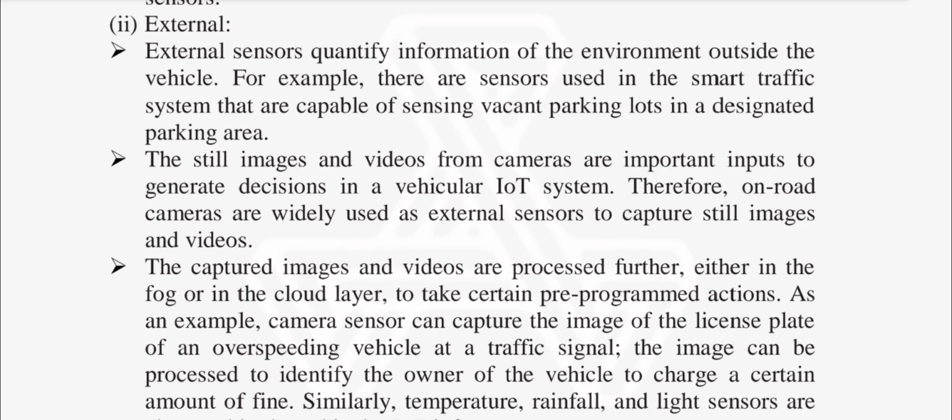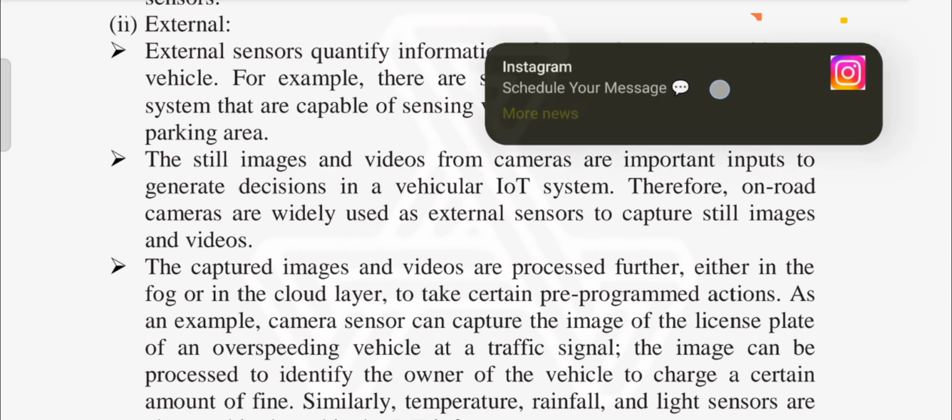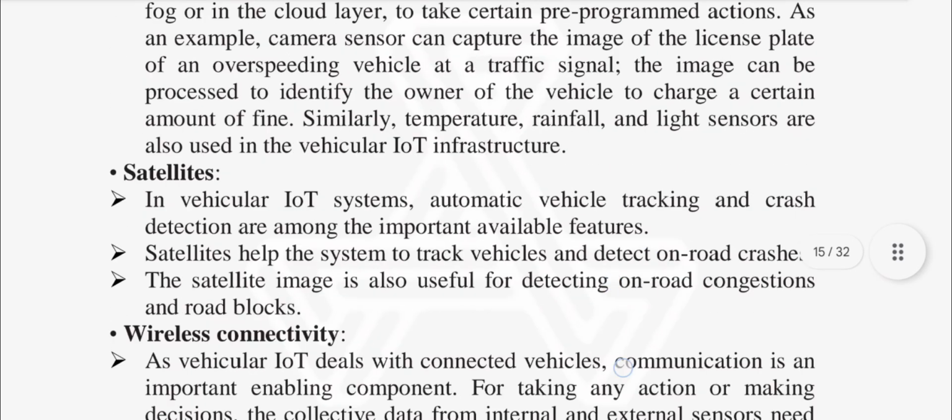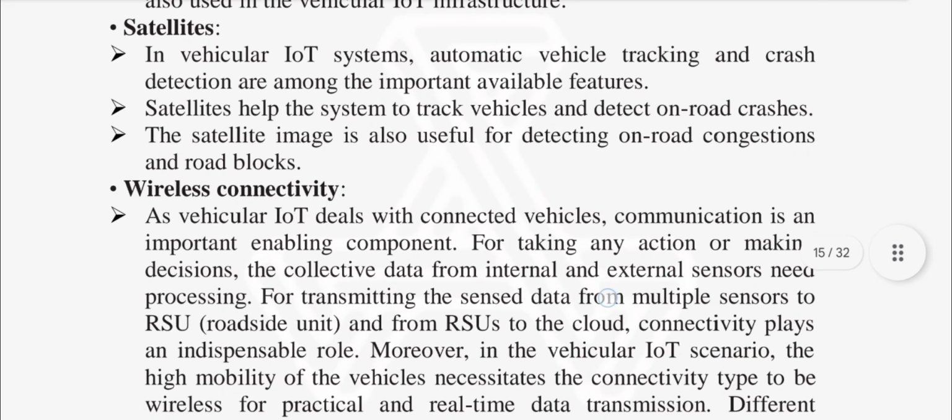The still images and videos are processed further either in the fog or in the cloud layer to take certain pre-programmed actions. As an example, a camera sensor can capture the image of the license plate of an overspeeding vehicle at a traffic signal. The image can be processed to identify the owner of the vehicle to charge a certain amount of fine. Similarly, temperature, rainfall, and light sensors are also used in vehicular IoT infrastructure.